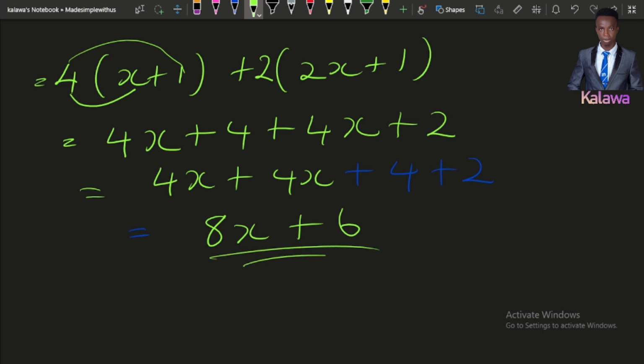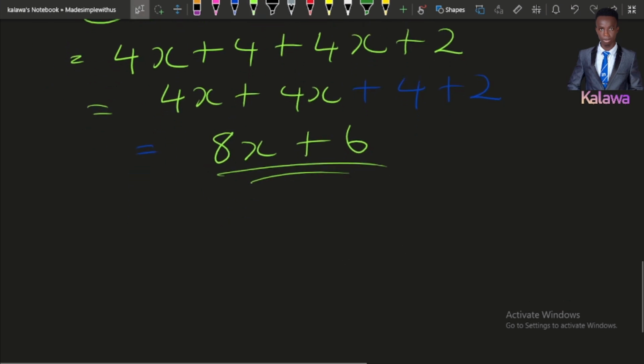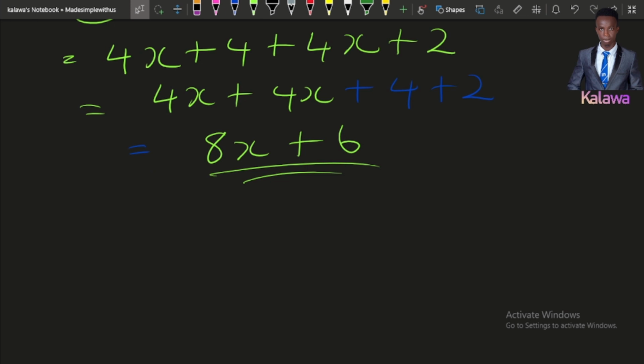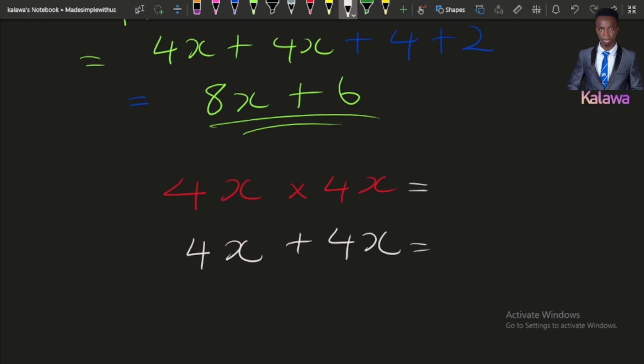So this is 6. And someone may want to ask, remember that 4x multiplied by 4x is quite different from 4x plus 4x. Why is it quite different? Because of the sign. This is a multiplication sign, and this one is an addition sign.